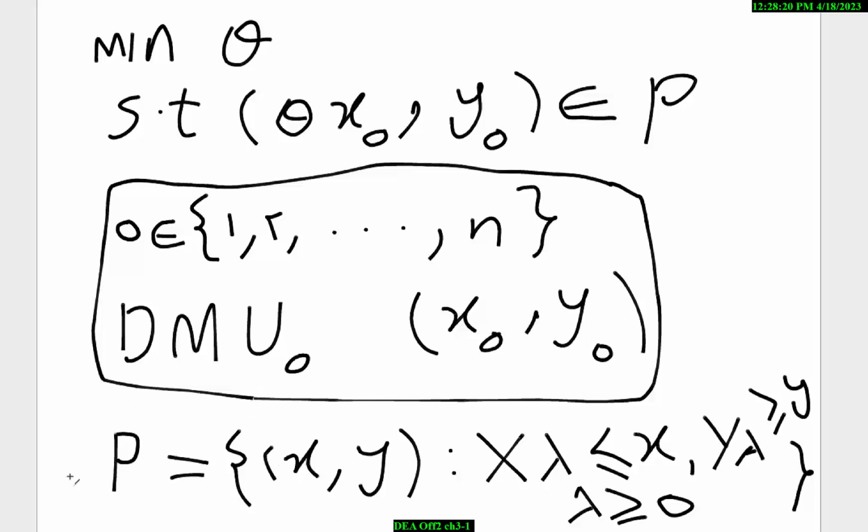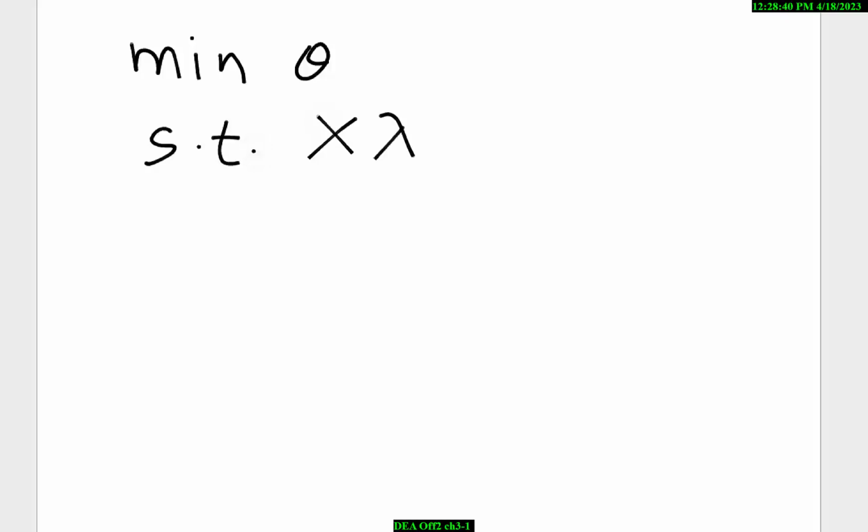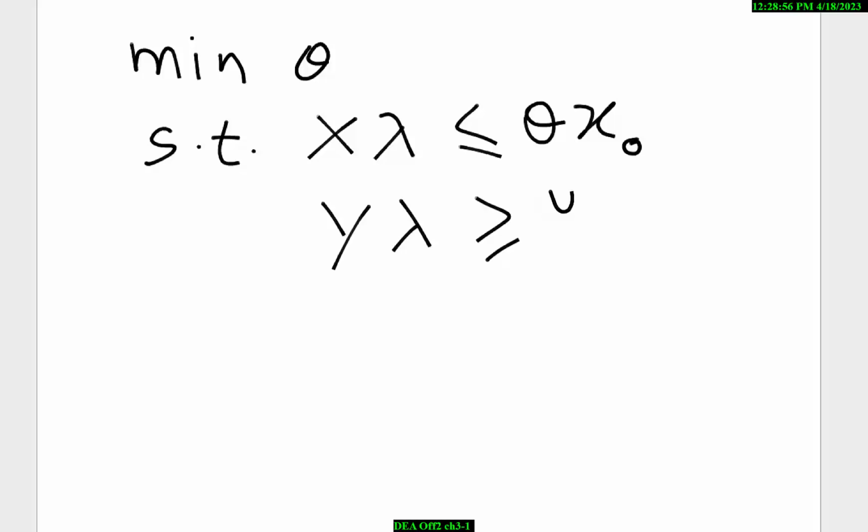So if we put P in this model, we would have minimize theta subject to x lambda is less than or equal to the inputs theta x o, and y lambda is bigger than or equal to the outputs of the DMU which we want to find its efficiency.